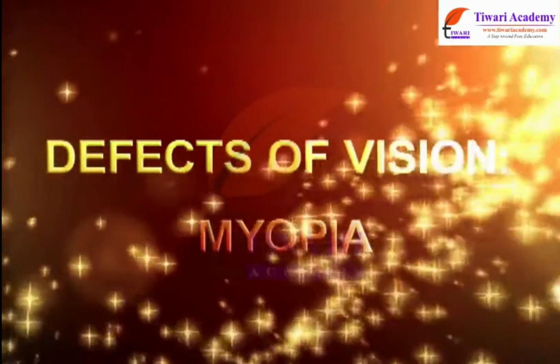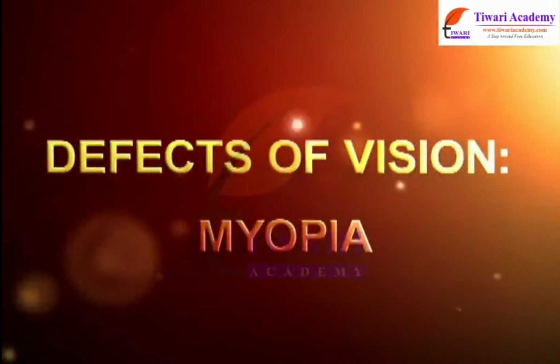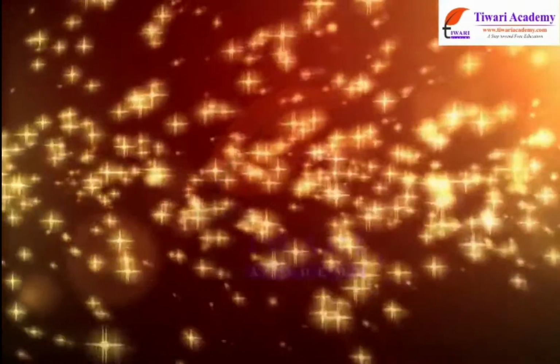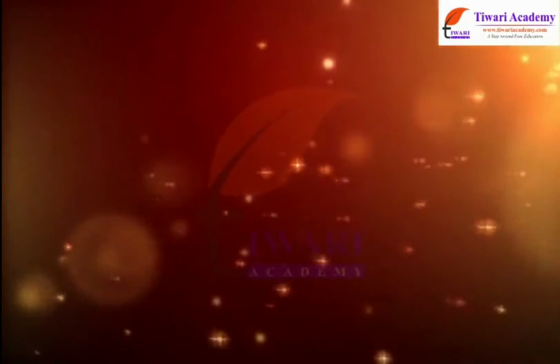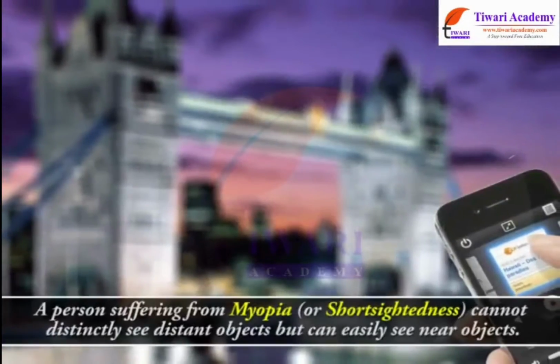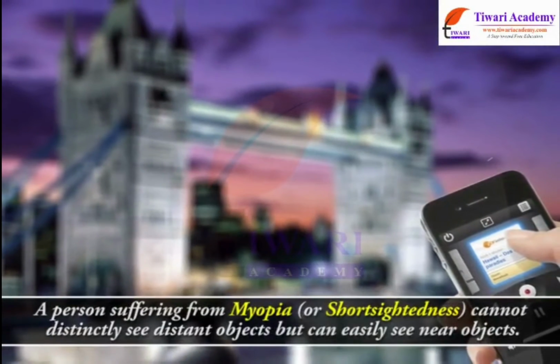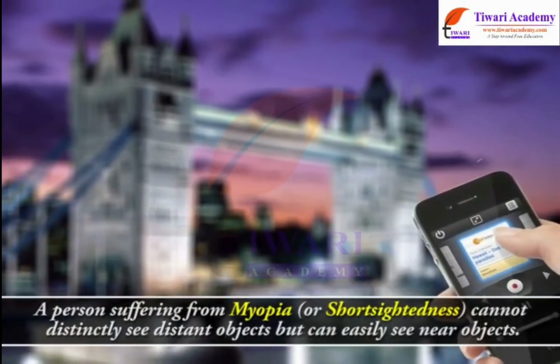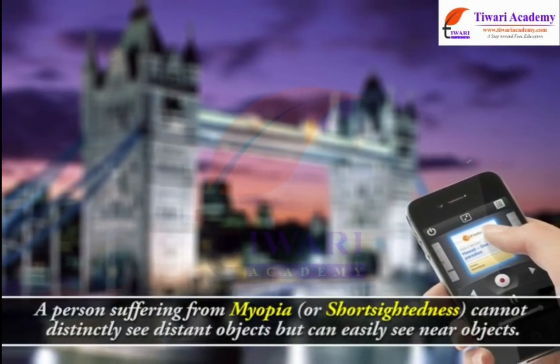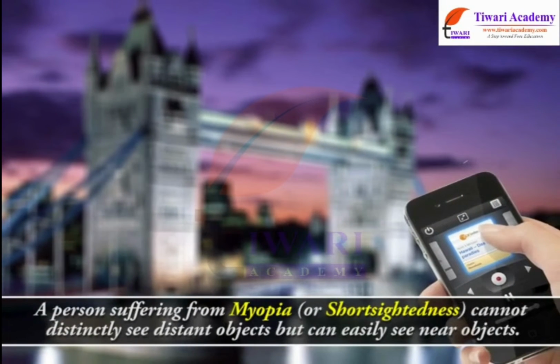Defects of vision. Myopia. A person suffering from myopia or short-sightedness cannot distinctly see distant objects but can easily see near objects.